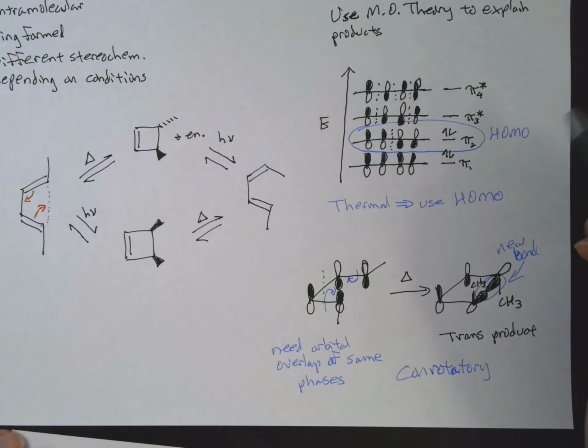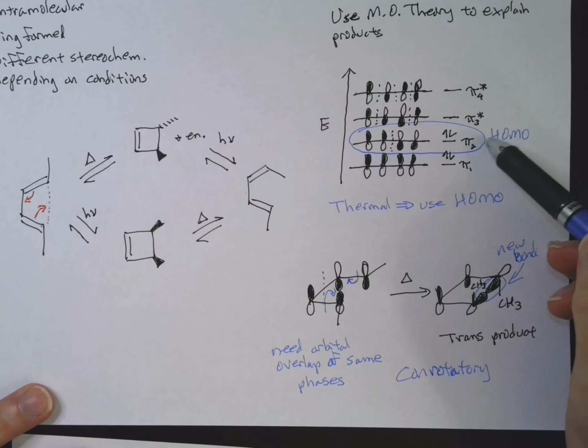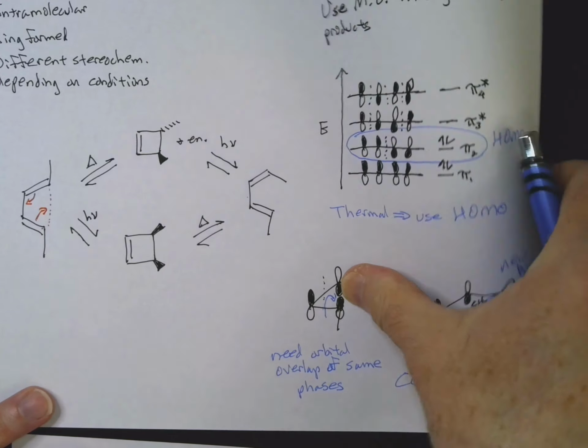We've looked at the example where we used heat, so this is our thermal conditions, and we look at the HOMO. So let's look at what might happen if we have light present.